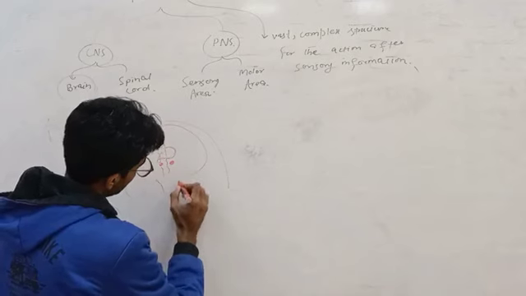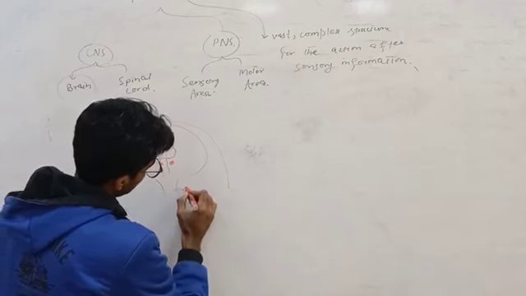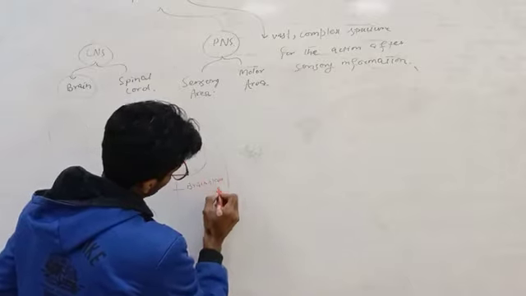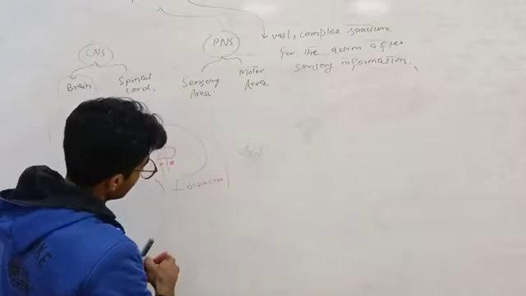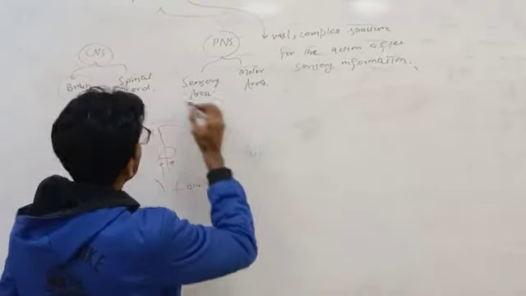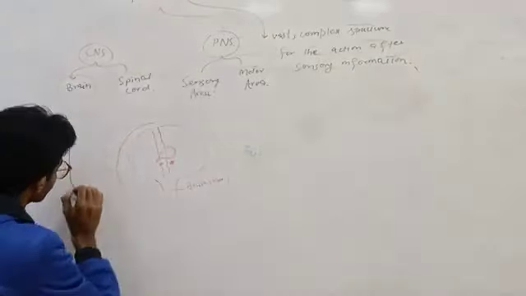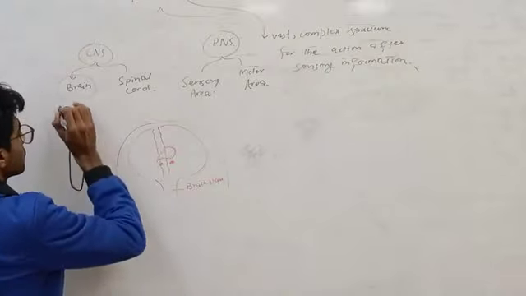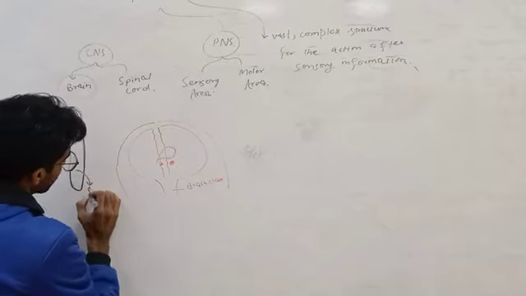After that, here is the brain stem, which is part of the brain. But after the brain stem, the spinal cord. This spinal cord has neurons and also has spinal fluid.